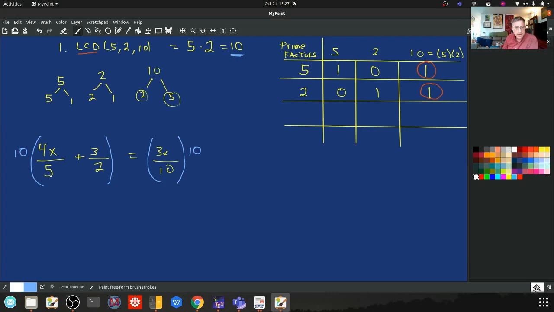So now all I do is simplify. 10 divided by 5 is 2. 2 times 4x is 8x. 10 divided by 2 is 5. 5 times plus 3 is plus 15. And here the 10s just cancel out. So this is really elementary to solve. 8x minus 3x is equal to minus 15.